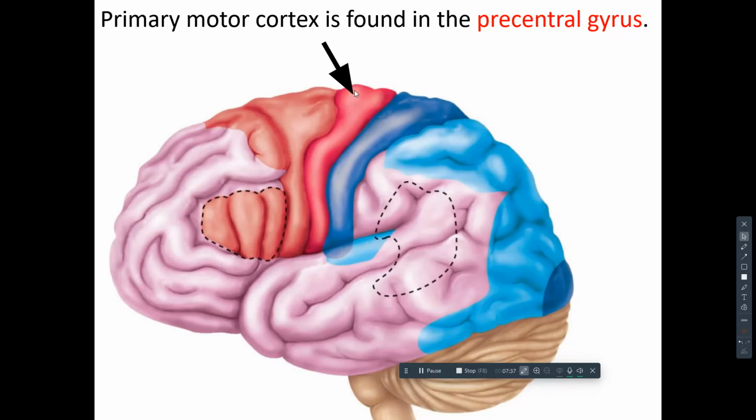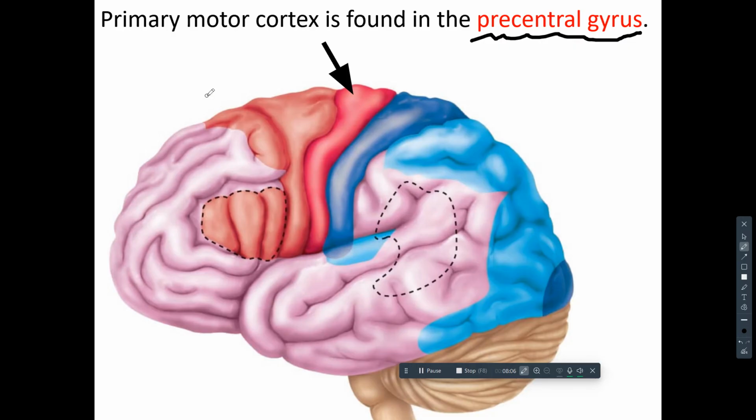So the primary motor cortex is in this gyrus right here. Now this gyrus is right in front of a sulcus we met. This sulcus right here is the central sulcus. So the gyrus anterior to it is appropriately called the precentral gyrus. So the gyrus in front of the central sulcus is the precentral gyrus.